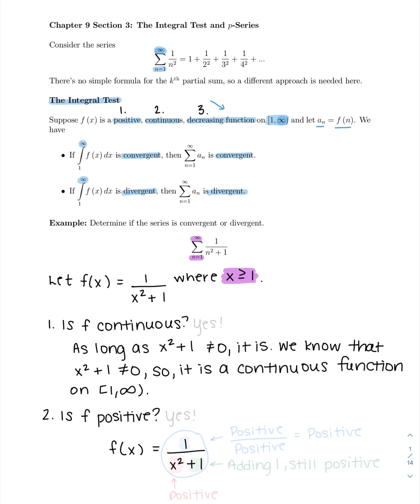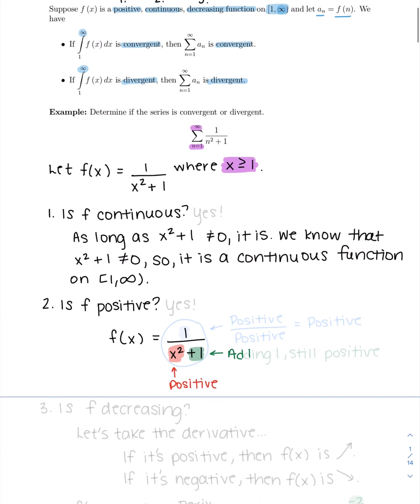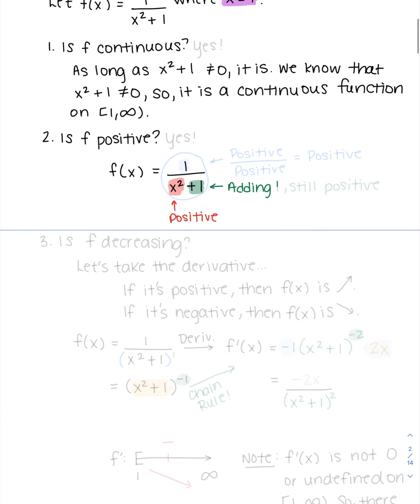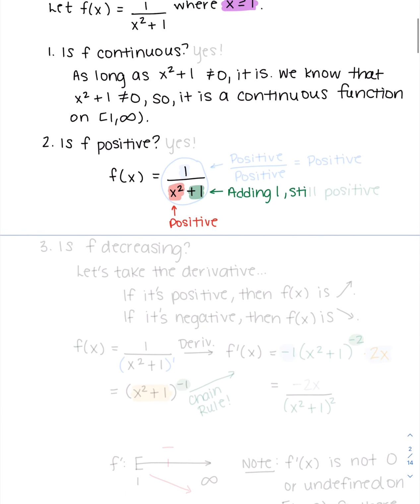So the first thing that we see in our function is we've got an x squared term. When you square any value, it's going to be positive because it's squared. Adding 1 to a positive number is still going to be positive.